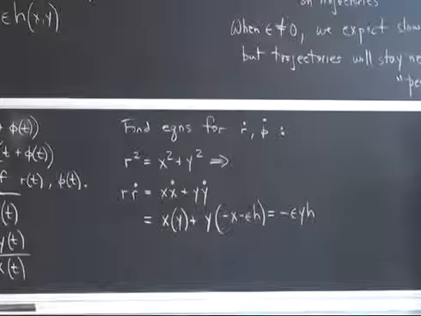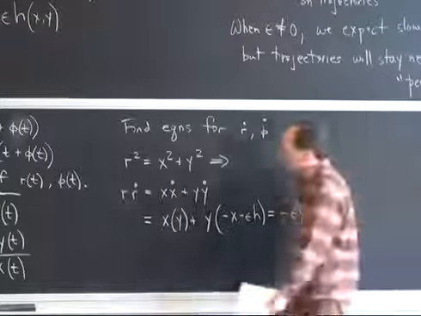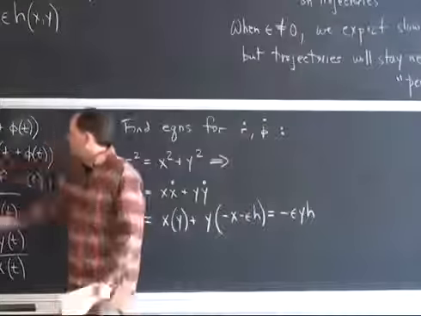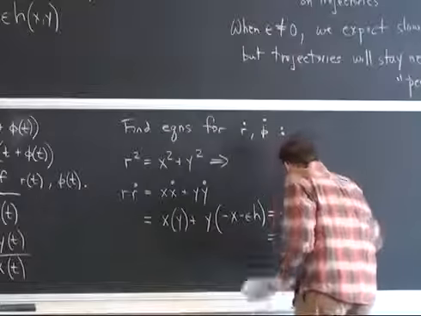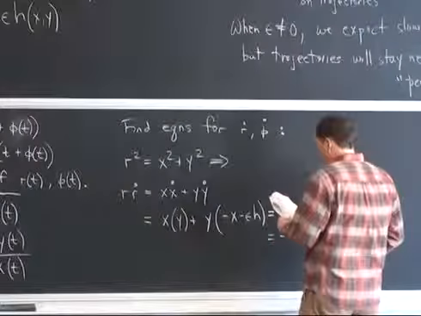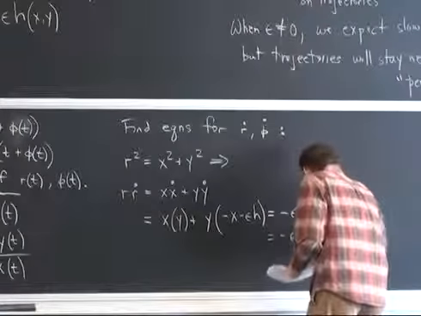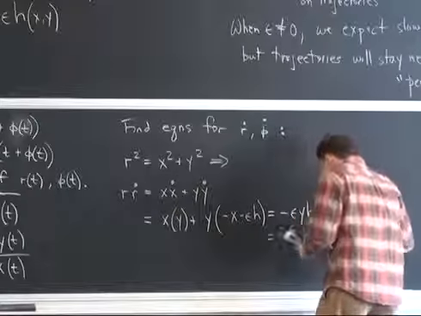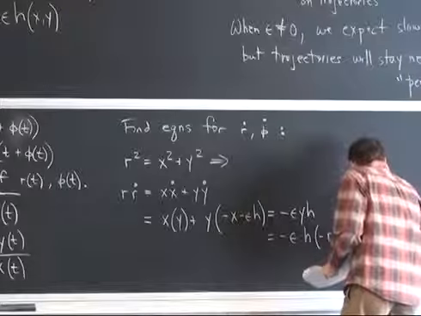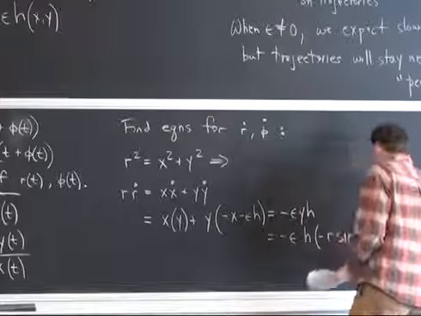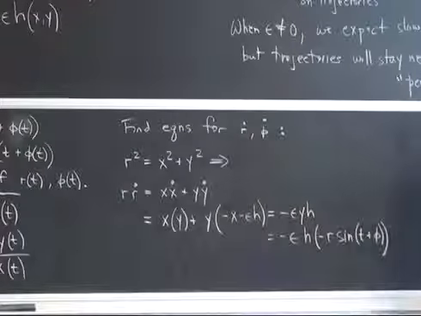And then I have a definition for y, which has this negative sign in it. And so then this becomes minus epsilon h times negative r sine t plus phi. So those negatives cancel out.